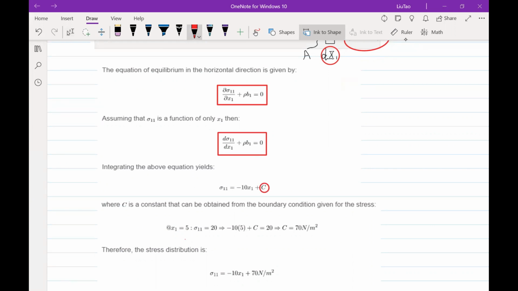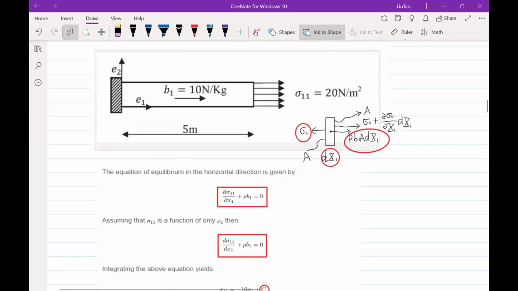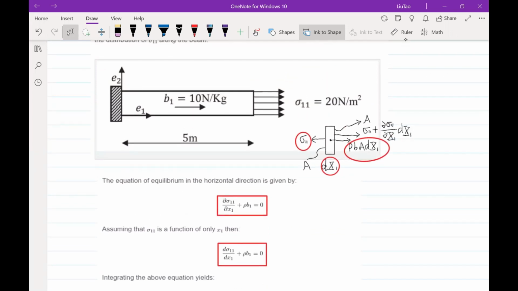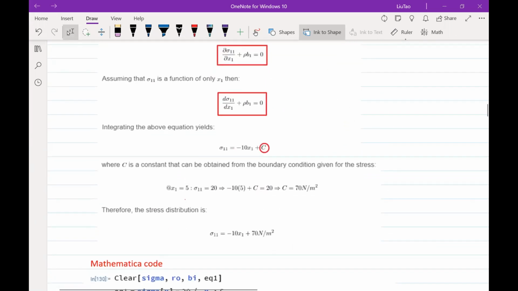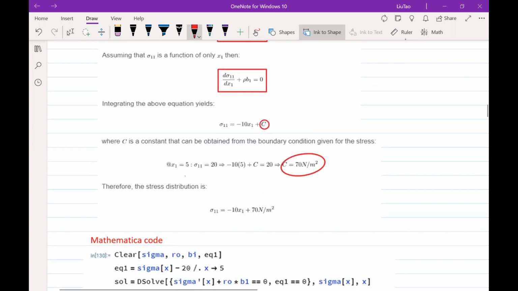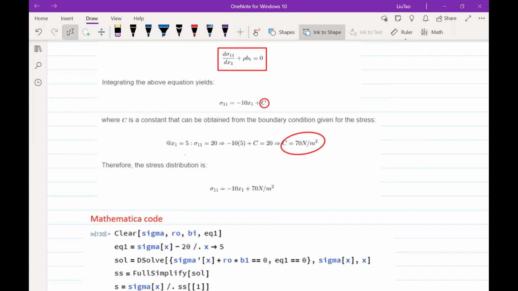In order to solve for c, we need one boundary condition. We noticed that at the end of this beam, sigma 11 is equal to 20 Newton per meter squared. So when we plug in this boundary condition, we get c is equal to 70 Newton per meter squared. Then we can find sigma 11 is equal to minus 10 times x1 plus 70 Newton per meter squared.